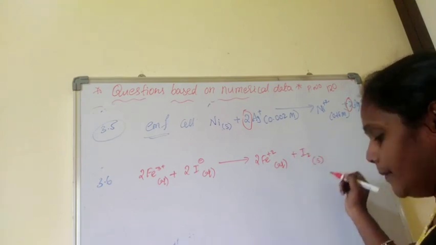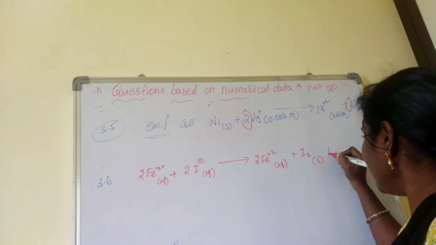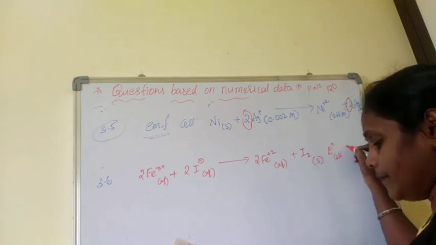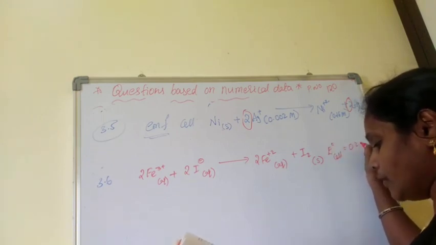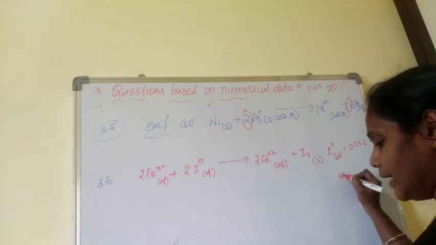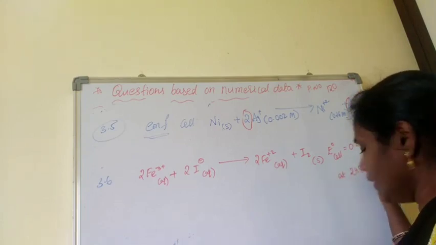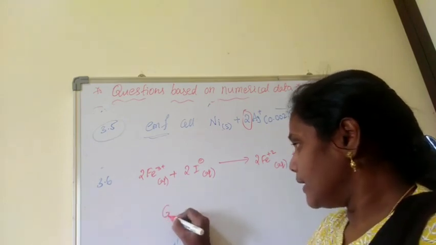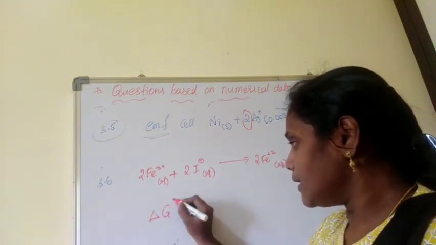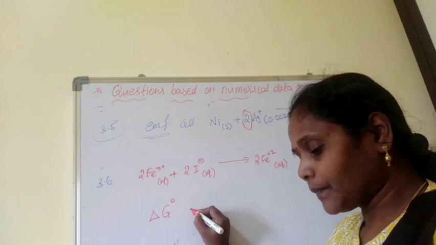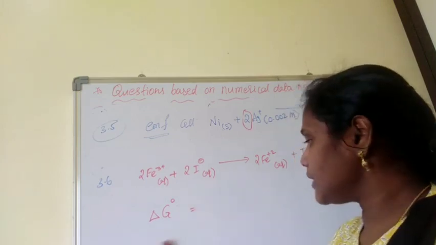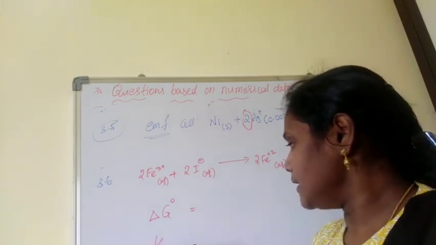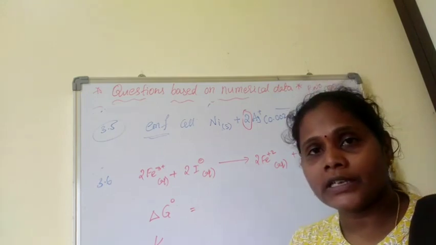I2 is a solid, and he has given E naught of the cell as 0.236 at 298 Kelvin. Then what is he asking? The standard Gibbs free energy, delta G naught, and the equilibrium constant Kc.